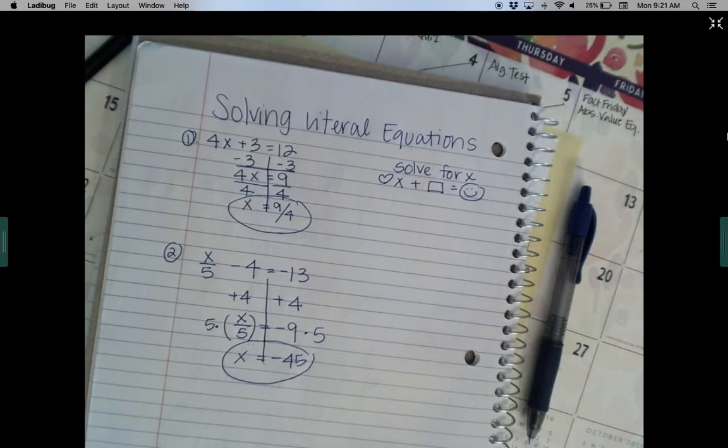Smiley face minus square. Maybe it's a frowny face now. I think it's a frowny face because no one wants to be square.